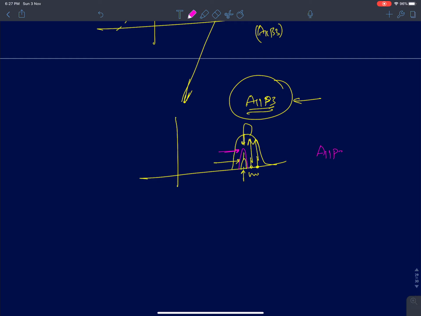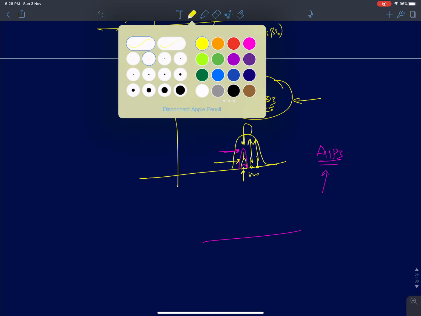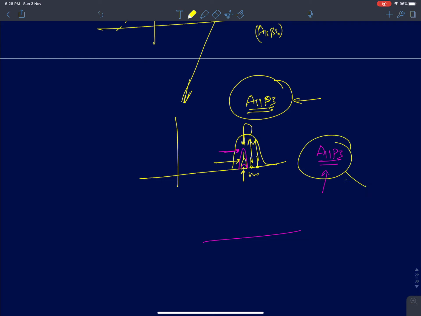Your IIP3 will be very small in that case. If your IIP3 is very large, you are going to get much smaller intermodulation terms. So by looking at IIP3, you can say how good your receiver is. So this is about third order intermodulation.